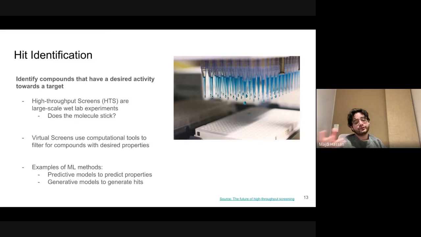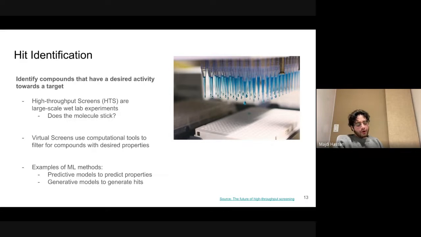Or you can do virtual screens, where you use computational tools instead. You can lightly dock these molecules against the protein and see if they dock, predict properties such as bioactivities using ML methods, or use generative models to generate molecules that might be potential candidates.